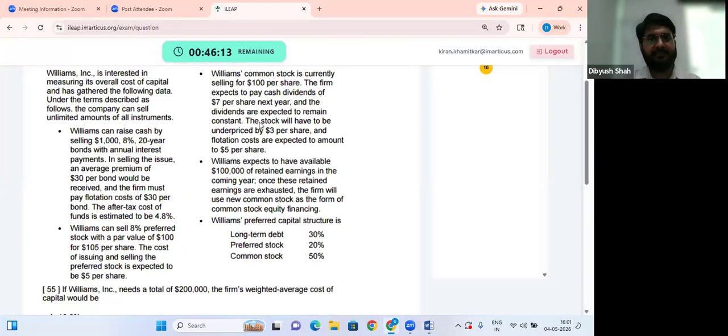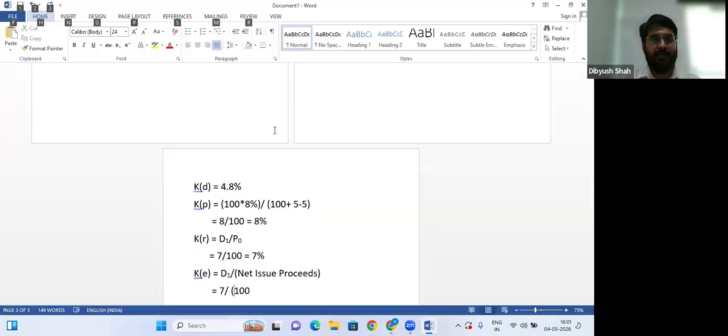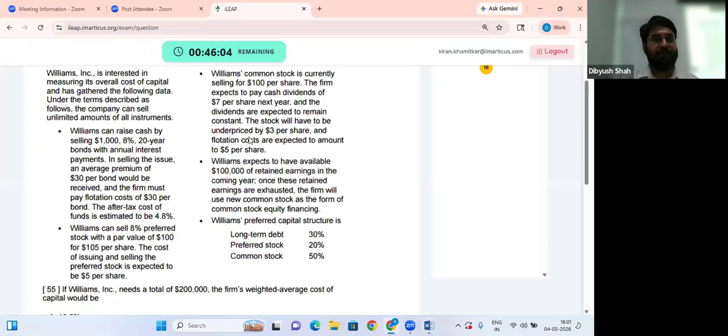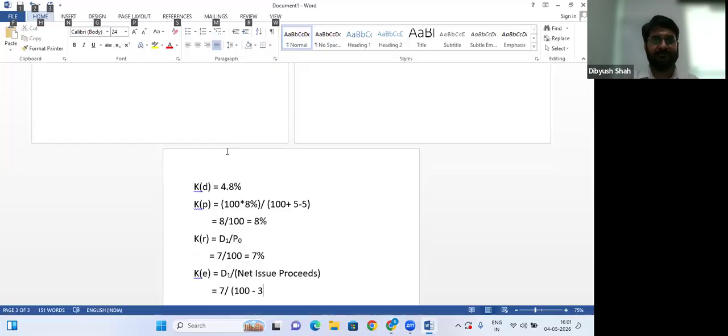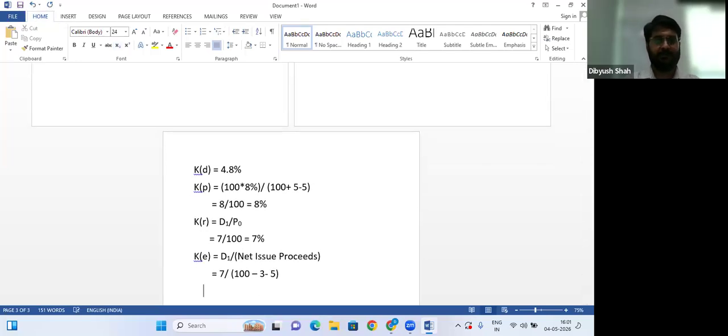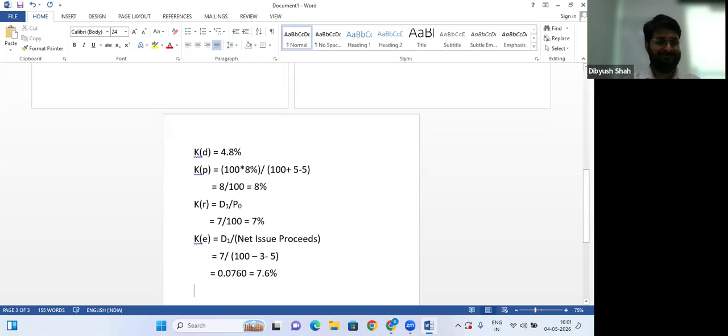They are telling the stock will have to be underpriced by $3 per share. So 100 minus 3, the issue price will be 97. And then there is flotation cost. How much? $5 per share. So 97 minus 5 is 92. 7 divided by 92 gives 7.60%. Don't round it off.